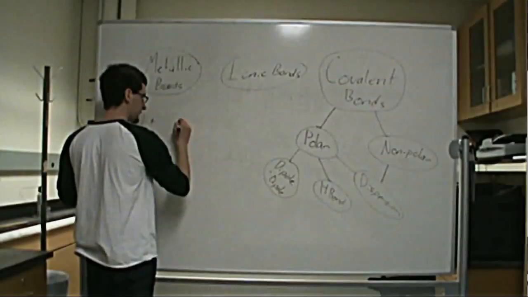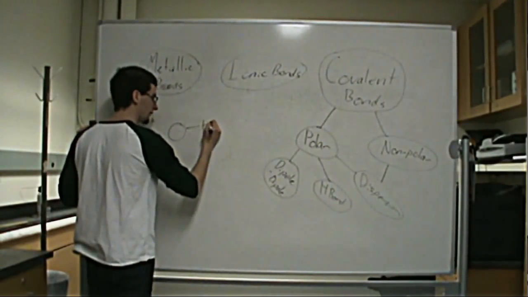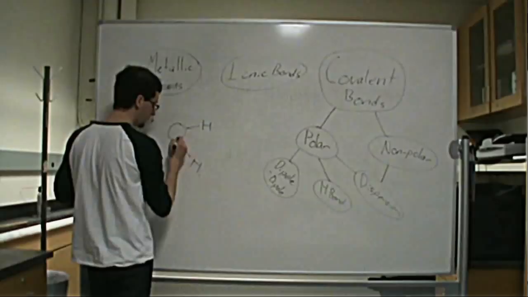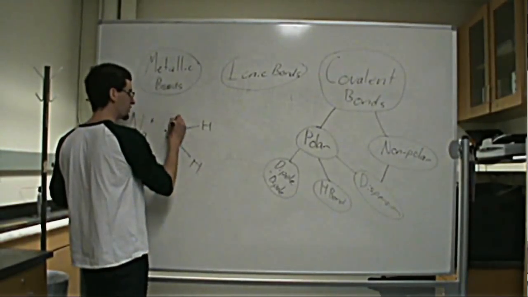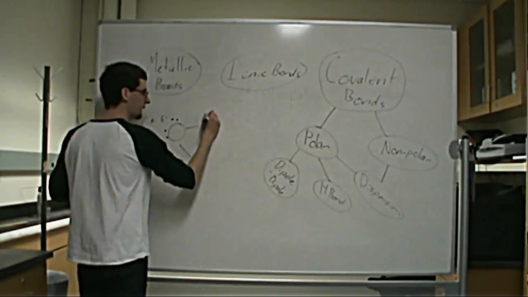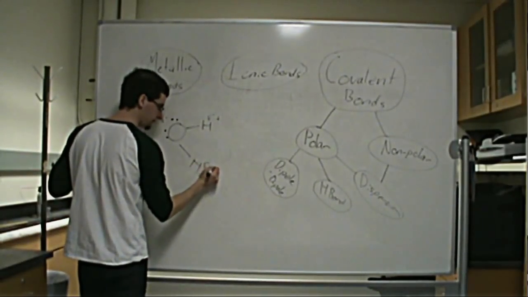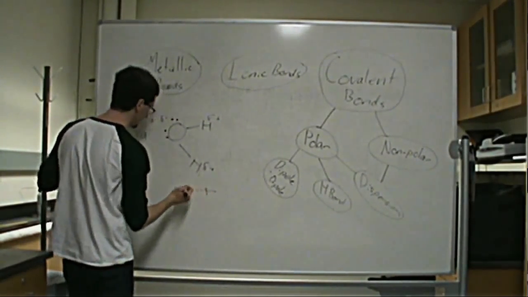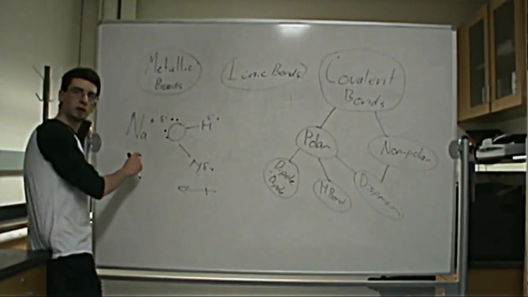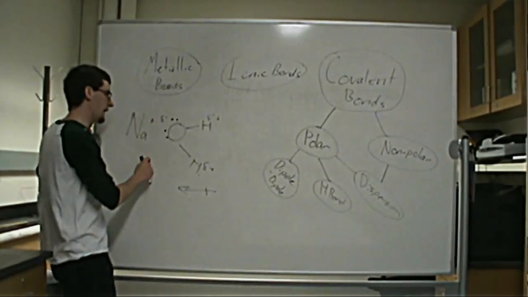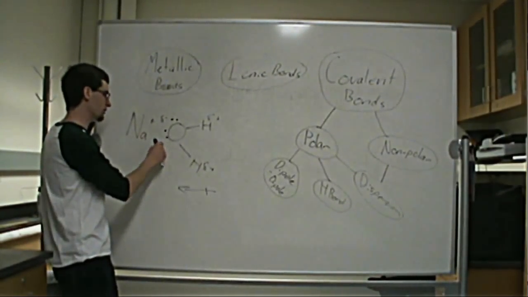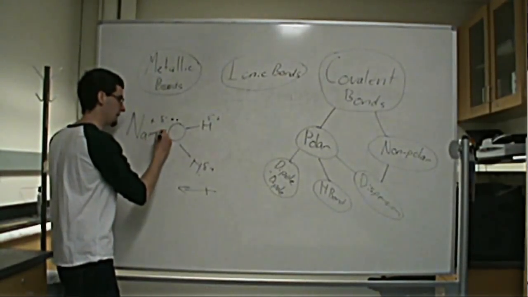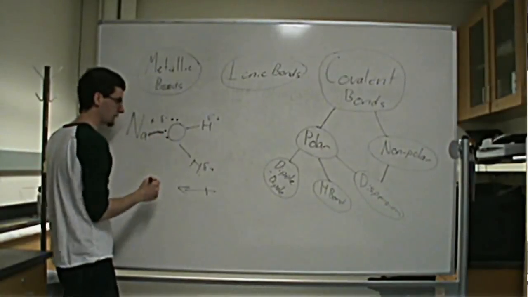We have, let's say, water. So we know that water, the oxygen end is partially negative, and the hydrogen ends are partially positive. And we know it has an overall dipole moment pointing in this direction. Now our sodium is positively charged, and we have a partial negative on our oxygen. So there's going to be an interaction between this sodium and this oxygen, which is going to lower our energy.